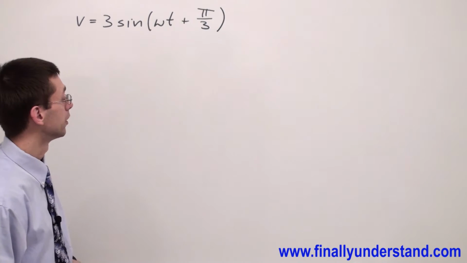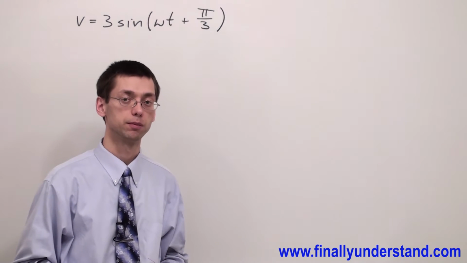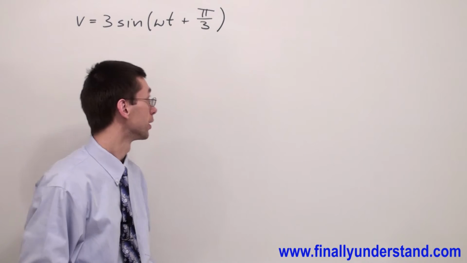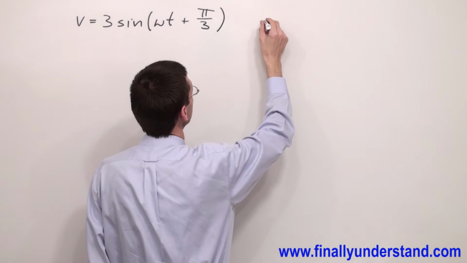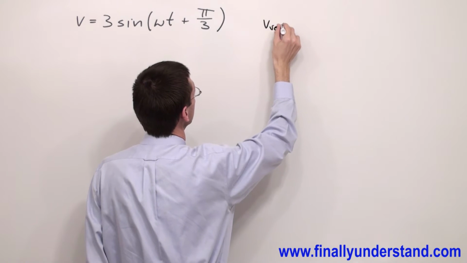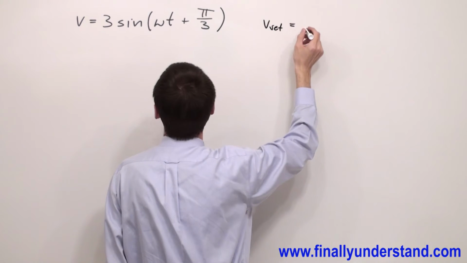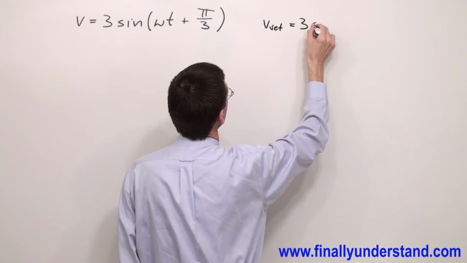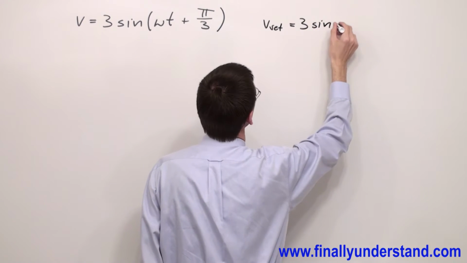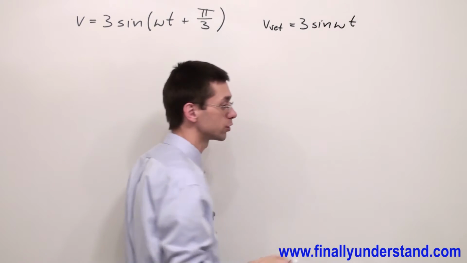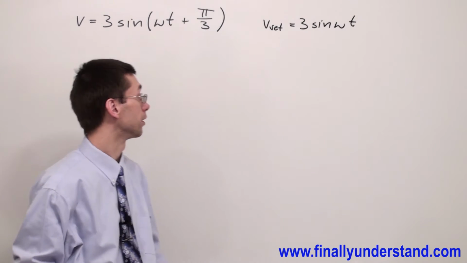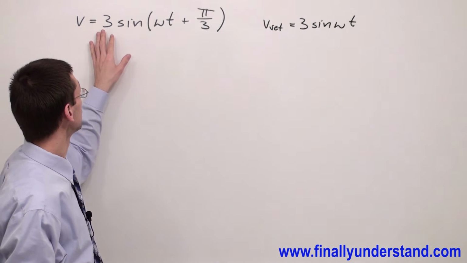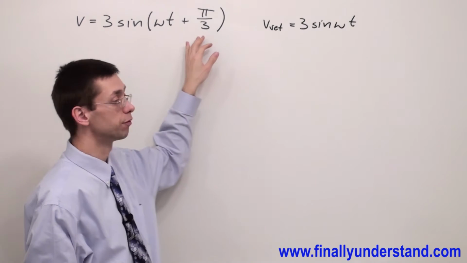Now, in order to make this problem simple, I'm going to write the equation of the reference voltage, okay? This is going to be simply 3 sine omega t. It's always good to draw the reference wave first. The reference wave is simply the wave without the phase shift.